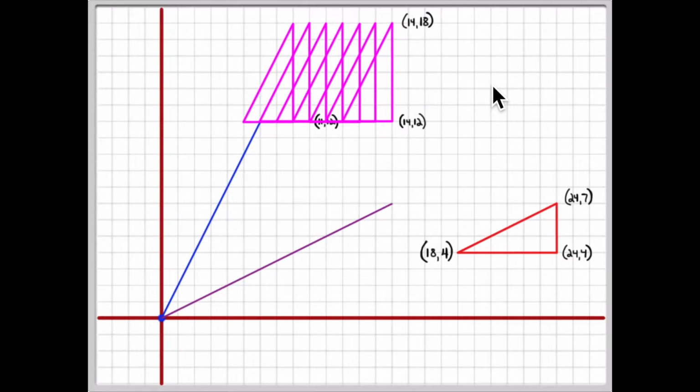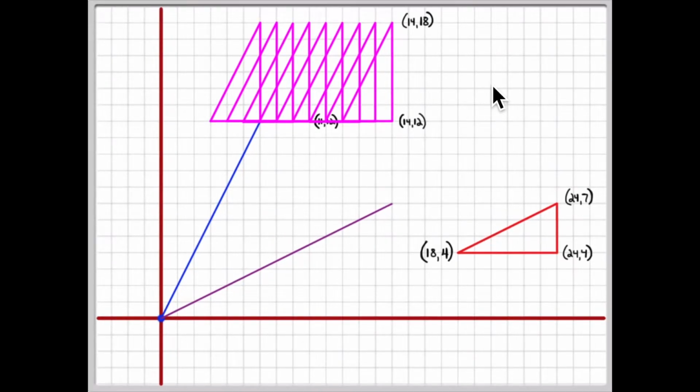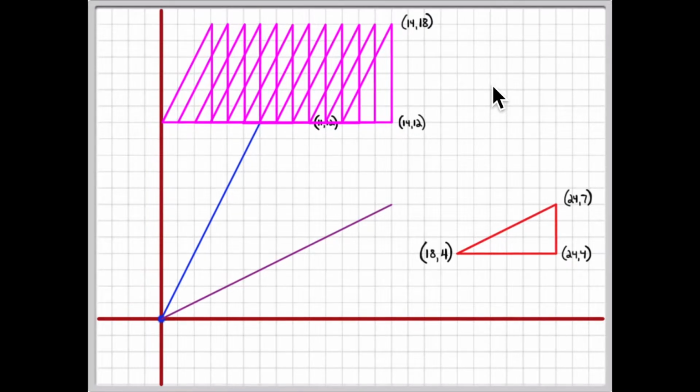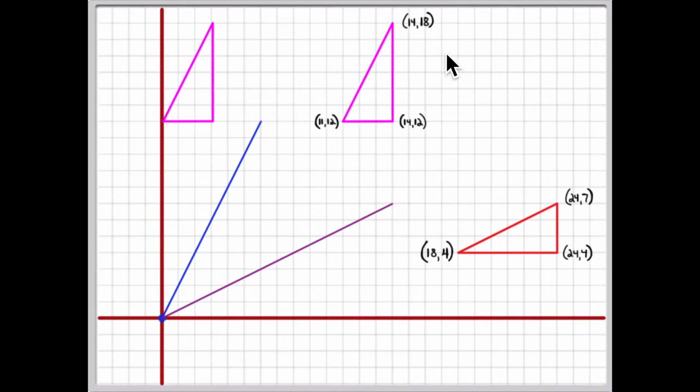So I'm going to move this triangle over, and what I'm going to do is subtract 11 units from 14 units along the horizontal length. So notice that the x-coordinate is 14 here. The x-coordinate of this point is 11. I'm going to subtract these 11 units. This is what we did before when we moved a triangle that was actually on the line down to the origin.